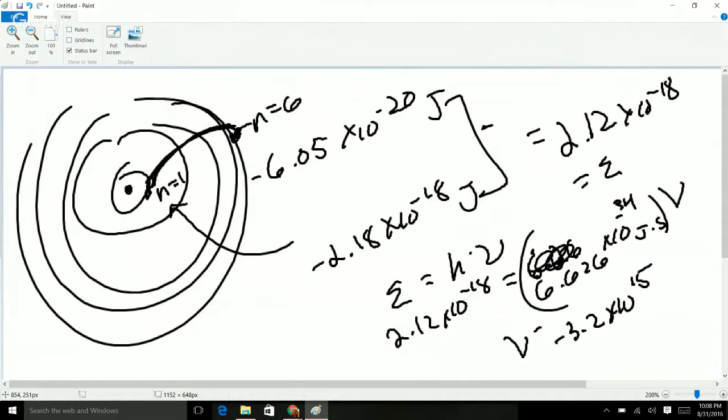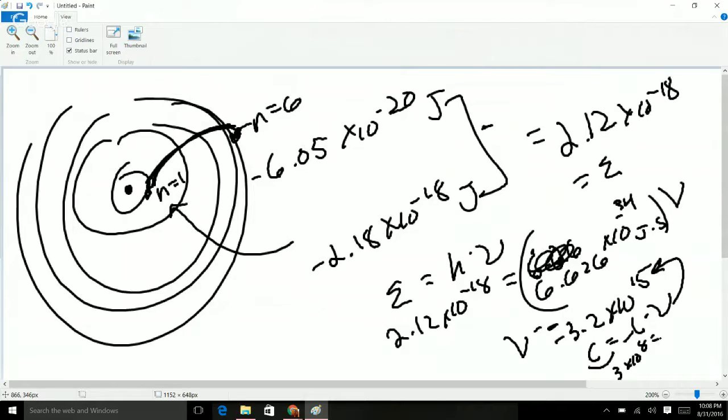I believe, if I remember right, for this question you're trying to find wavelength. So I'm going to use the second equation, c equals frequency times wavelength. My frequency is 3.2 times 10 to the positive 15, and my c is 3 times 10 to the 8th.